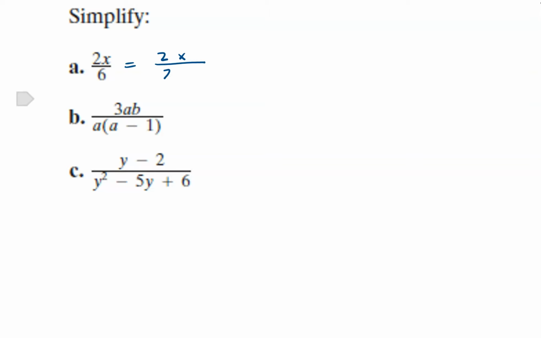But 6, on the other hand, can be expanded into 2 times 3. Now, the 2's are separated from the rest of their terms by a multiplication sign. And when we've got terms that are separated by a multiplication sign that exist in the numerator and the denominator, they can be canceled. And now we have the 2's gone, and we're left with the expression x over 3.